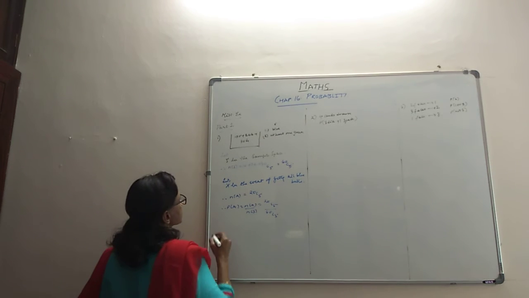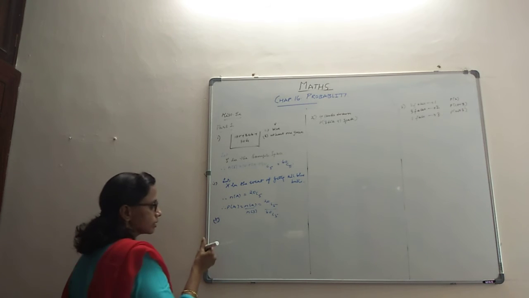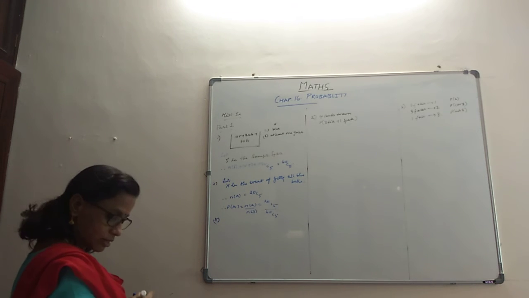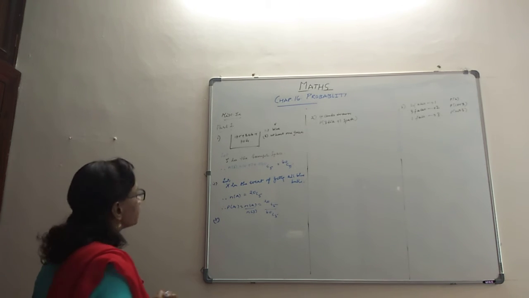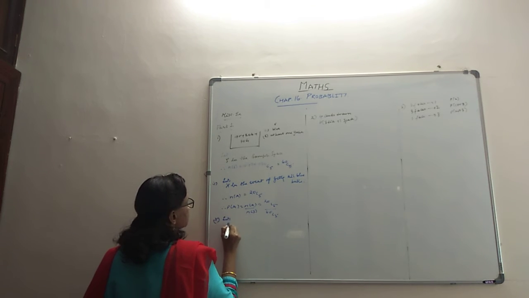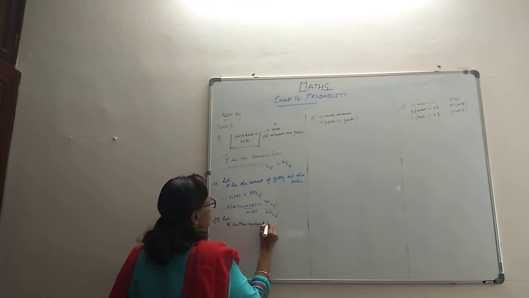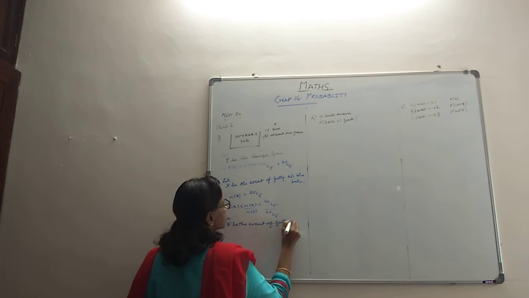Then we take the second subpart, where they are asking for at least one green. Let B be the event of getting at least one green.